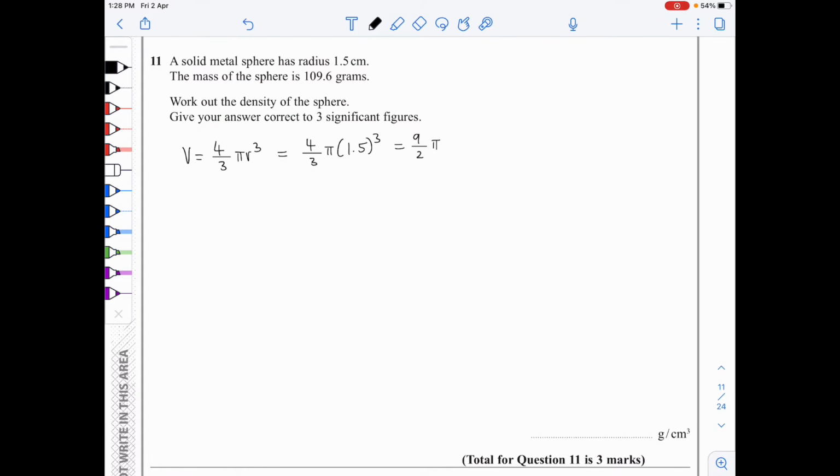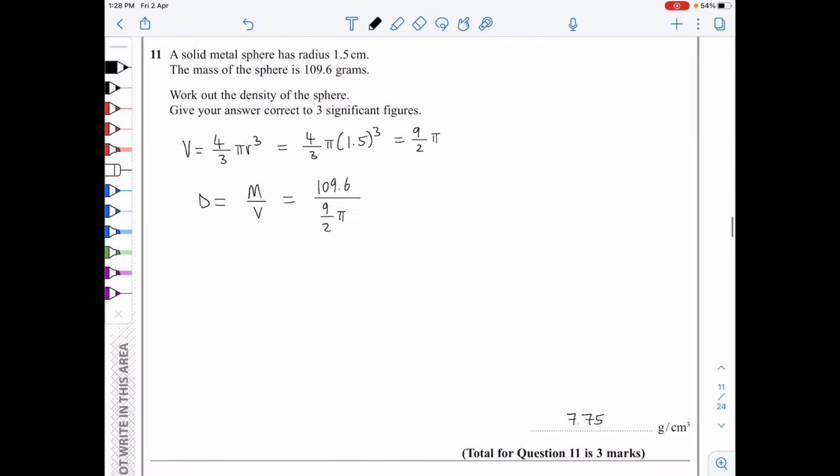And we've got the mass, and we know that density is mass over volume, and the mass is 109.6 over 9 over 2 pi. So if we plug this into the calculator, we get an answer of 7.75 grams per cubic centimeter. So that's the answer we got here.